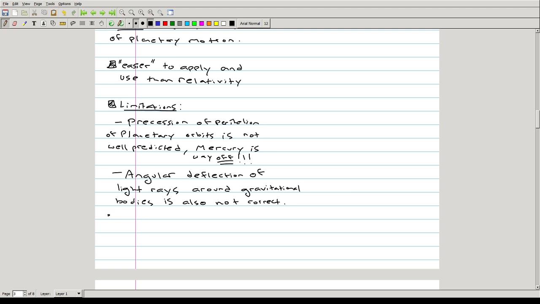For instance, if you have the sun here, and you're on the Earth right here, light rays, as they pass by the sun, if they're coming in like this, end up getting deflected by the gravitation of the body. So, if you're looking at a star and you see it in this direction from the Earth, the actual location of that star is over here, and this is because of the gravitation of the sun. It actually deflects light rays. This is not well predicted at all by Newton's theory of gravity.